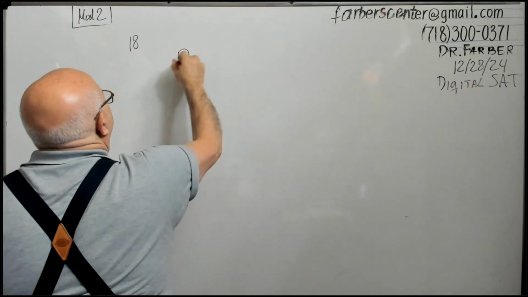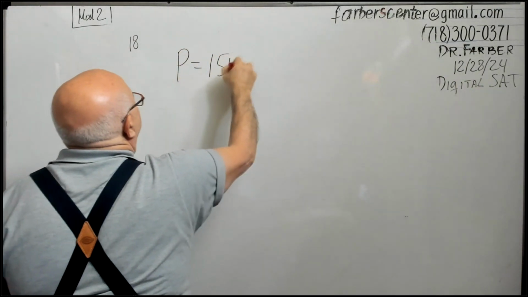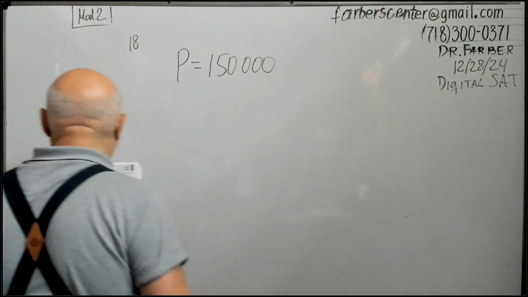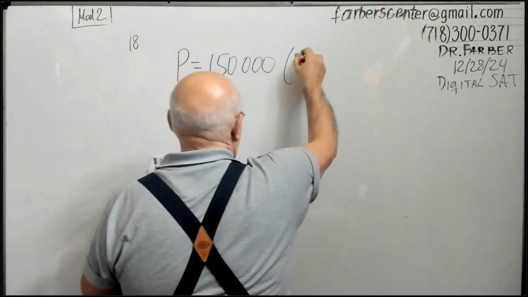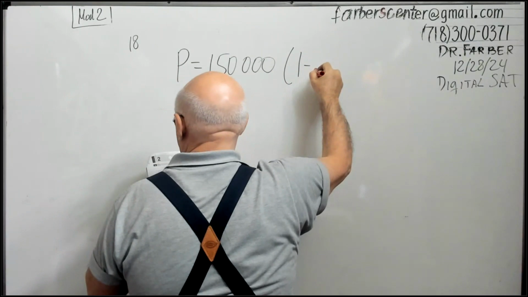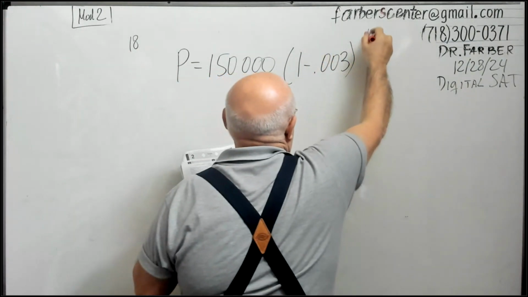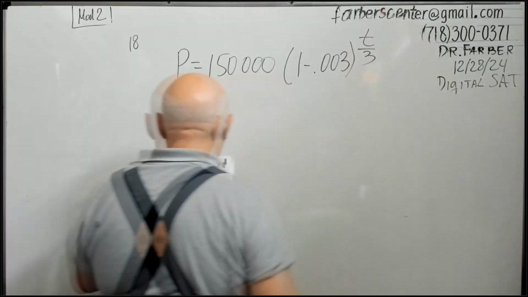They give a formula: 150,000 times 1 minus 0.003 times t over 3.